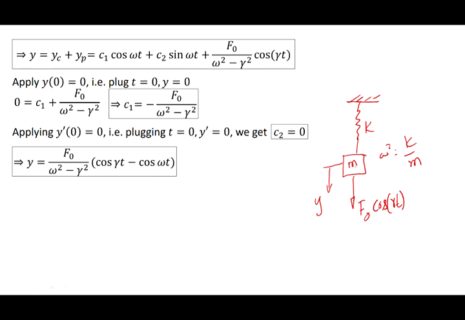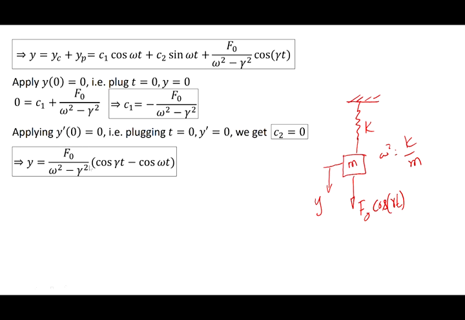You have a given mass and a given spring constant, so omega is sort of fixed for that system. It's the external force which could be changing. Suppose gamma were to get closer and closer to omega, the denominator is going to get closer and closer to 0. So this quantity is going to get larger and larger.